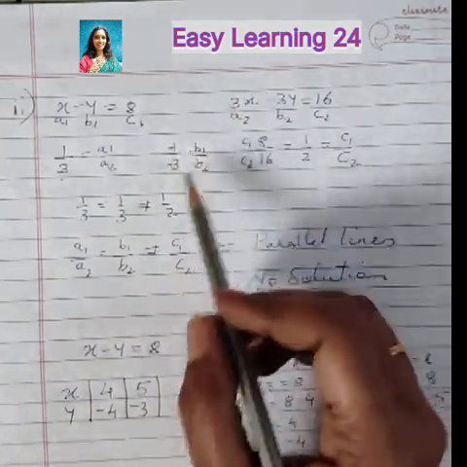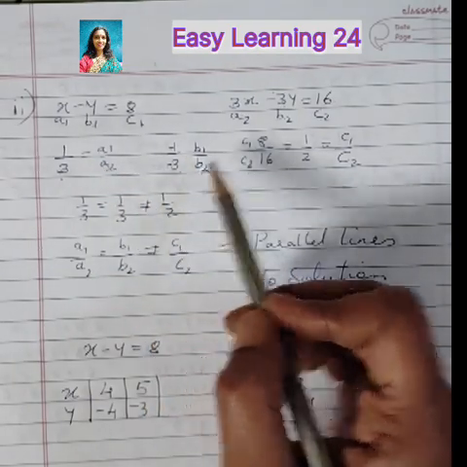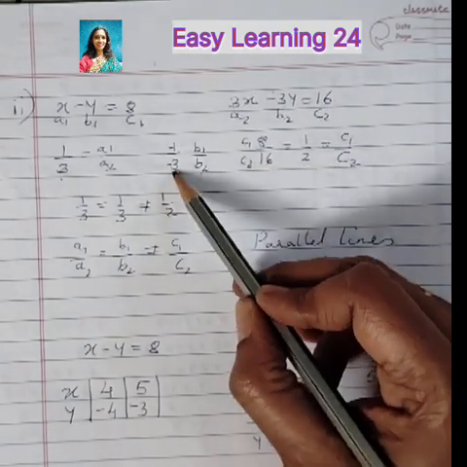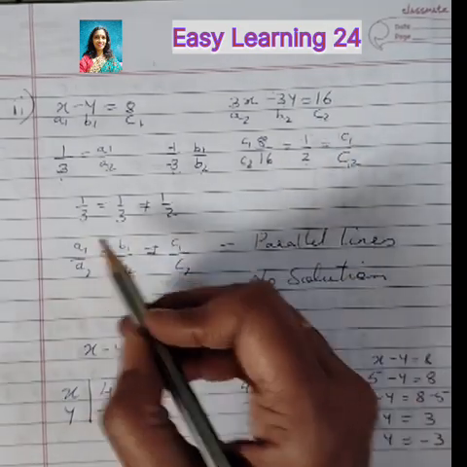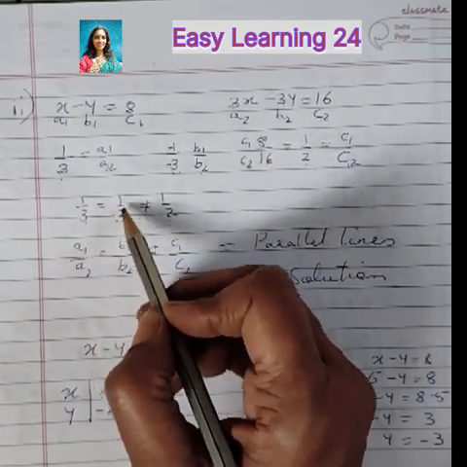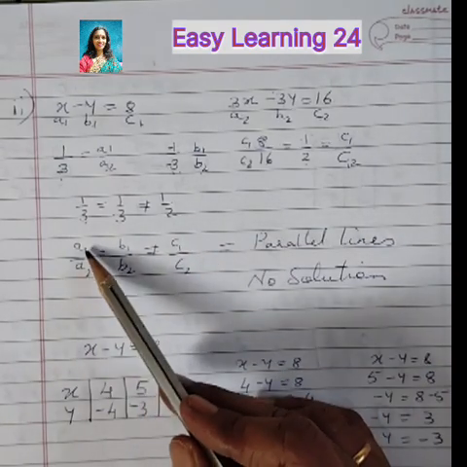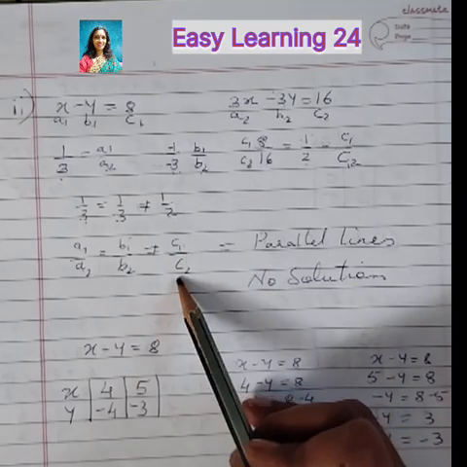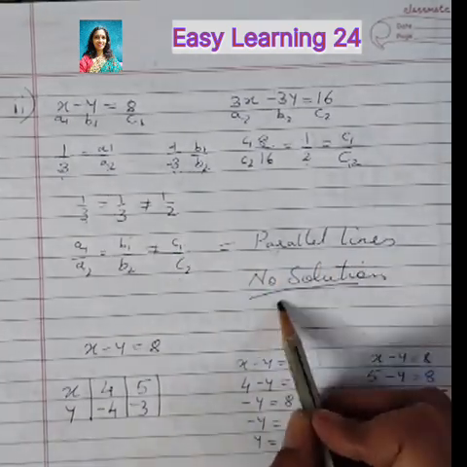Minus minus cancel. So a1 upon a2 is equal to b1 upon b2 is alright. But 8 upon 16 is 1 upon 2 and not 1 upon 3. So it is not equal to c1 upon c2. So the solution is: a1 upon a2 is equal to b1 upon b2 but not equal to c1 upon c2. Therefore the lines are parallel and they have no solution.